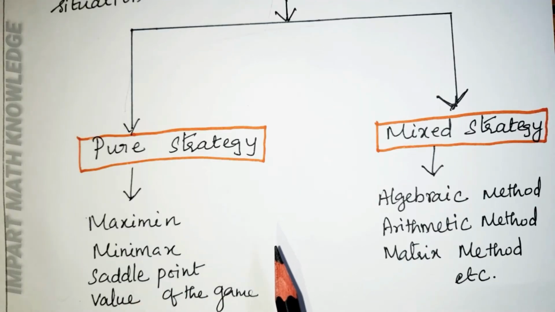In a pure strategy case, we find the maximin value, minimax value, saddle point and then the value of the game. But in a mixed strategy, we use different methods to find the value of the game. Examples: algebraic method, arithmetic method, matrix method.